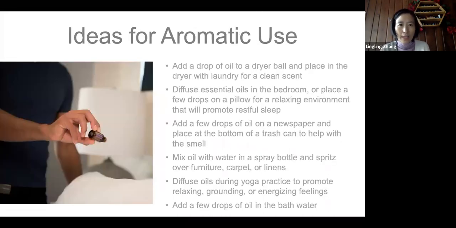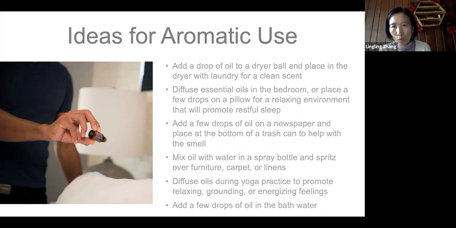Okay, so ideas for aromatic use. These are other uses of aromatic oils other than the diffuser and directly smelling from the bottle or your hand. For example, you can add a few drops to a dryer ball. When you dry your laundry, you can use a wool ball. doTERRA used to sell them, or you can make your own.